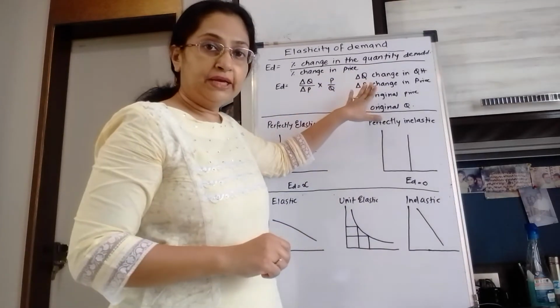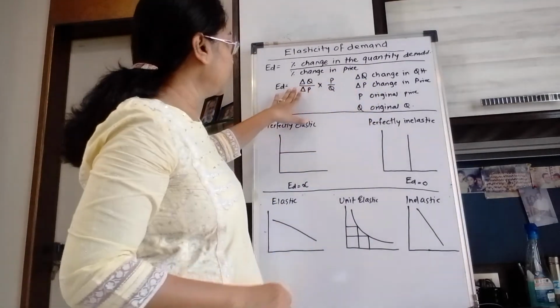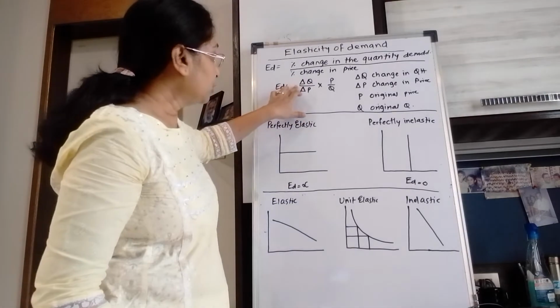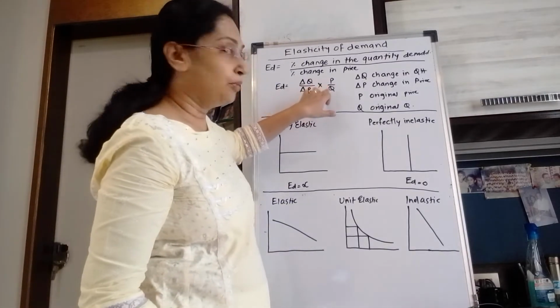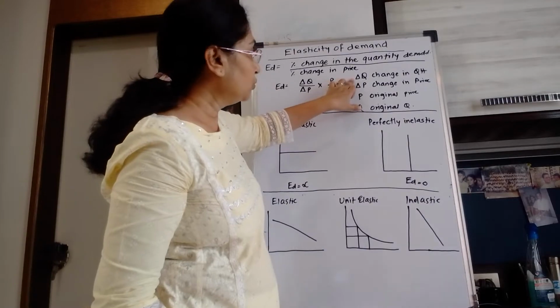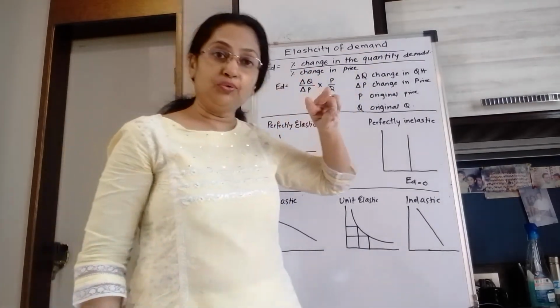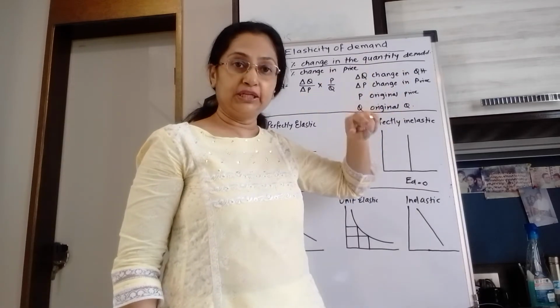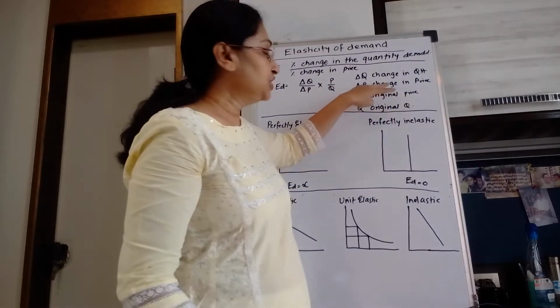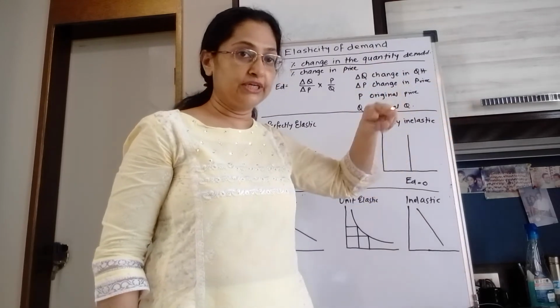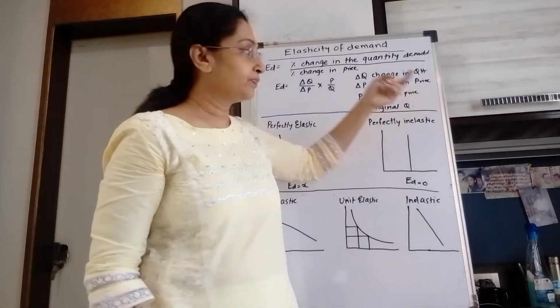To go a little bit into detail, the formula is explained further or derived further. Delta Q upon delta P multiplied by P upon Q. Delta Q indicates a change in the quantity, meaning you must have been given two quantities, the old quantity and the new quantity, along with the change in price, the old price and the new price. So, as the price would change, the quantity demanded must have been given to you.